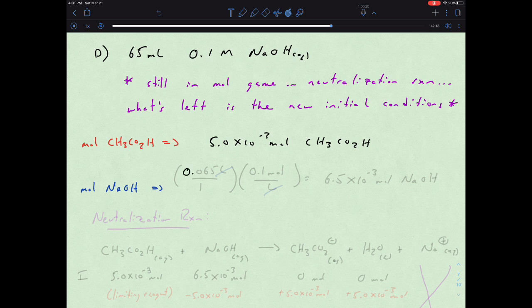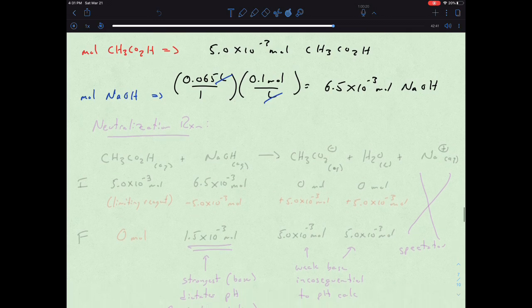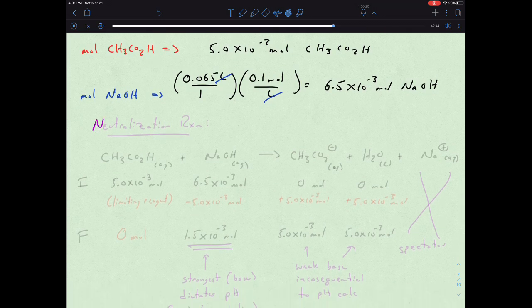And now we've added 65 milliliters of that 0.1 molar solution. So those are our 2 mole values, and so that's what's setting up our now neutralization reaction.